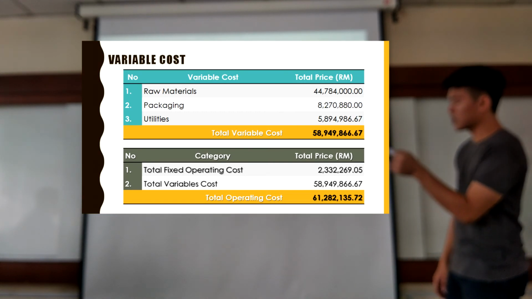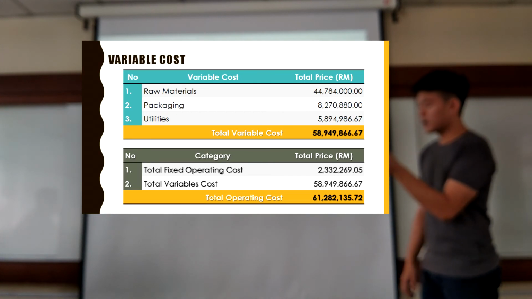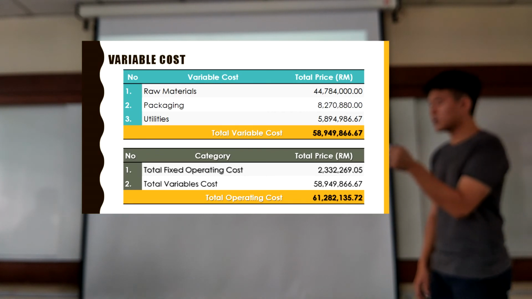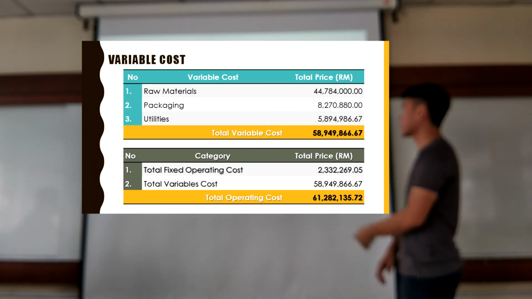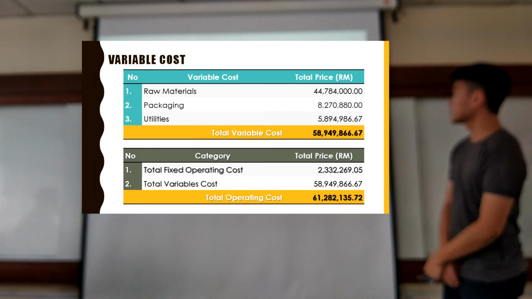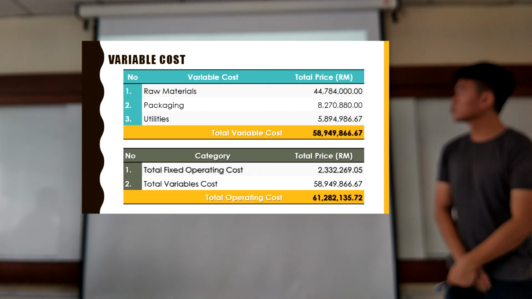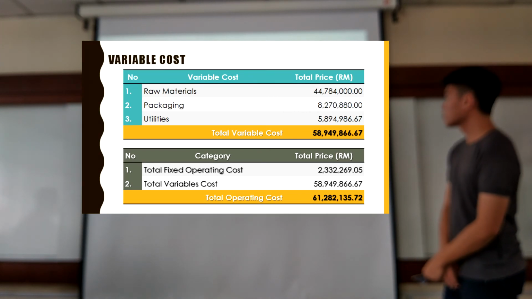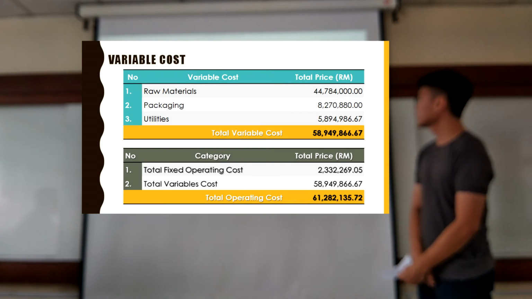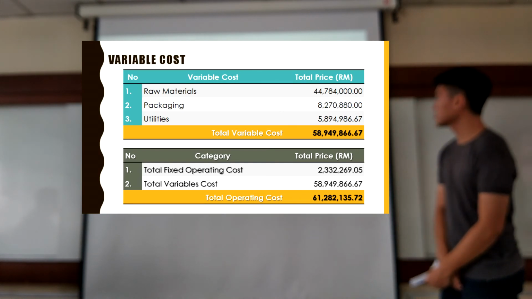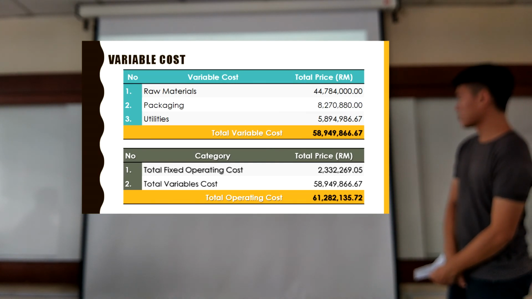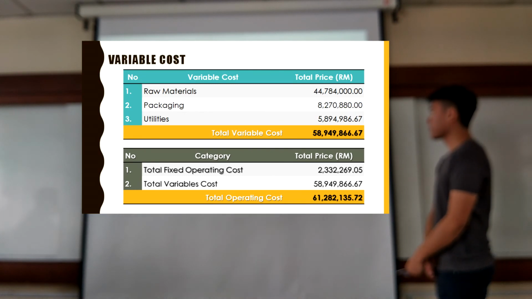For the packaging, we need to purchase CPT trays, labeling stickers, and corrugated boxes. The utilities include the material and packaging. So we add the total fixed operating cost and total variable cost, and the total operating cost will be around 61 million.